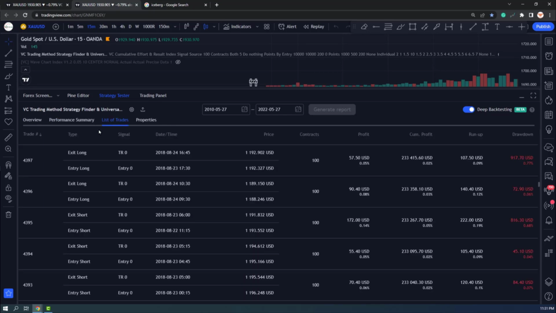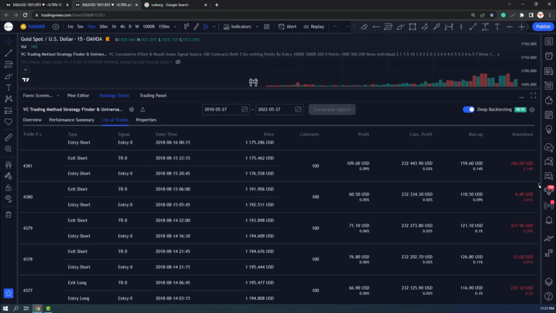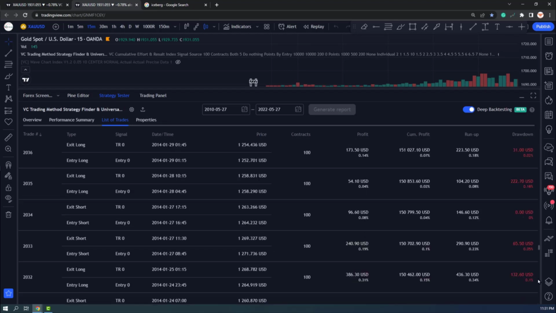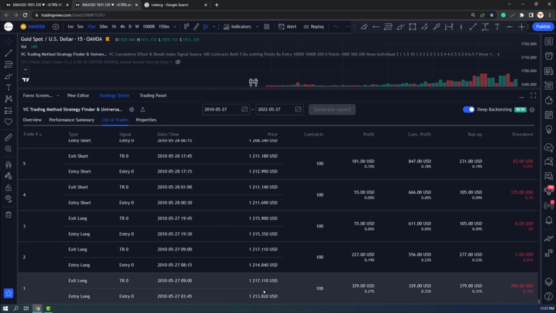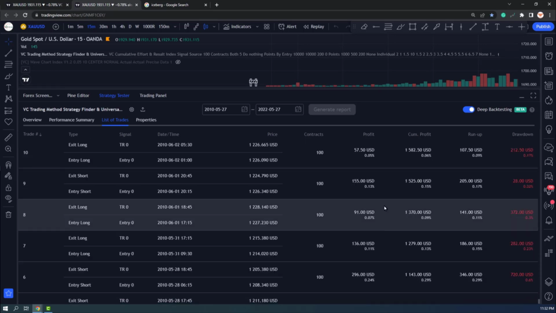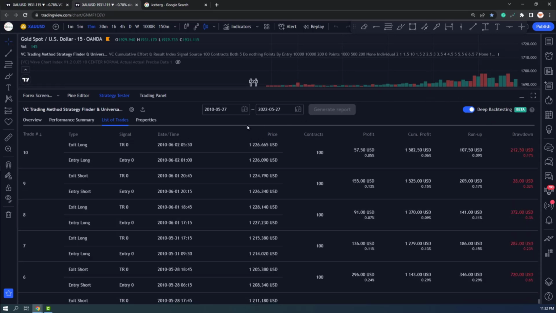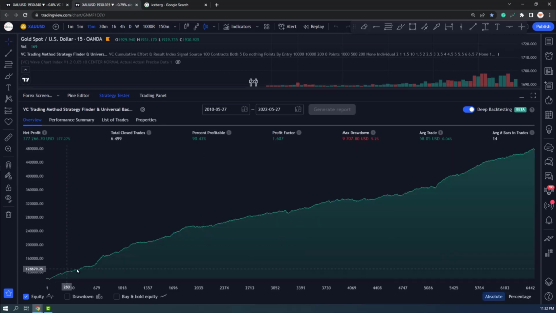You can always check here all the trades from the day of the first. You can see here, this is the first trade the system took on this date. So there is no manipulation here, no editing tricks. All the results here are realistic results.